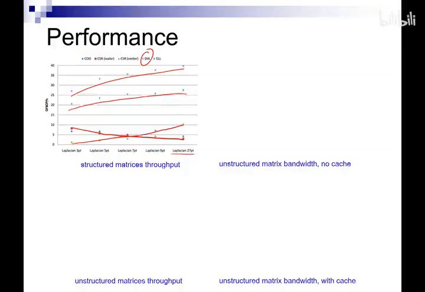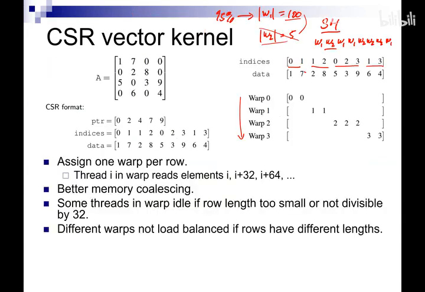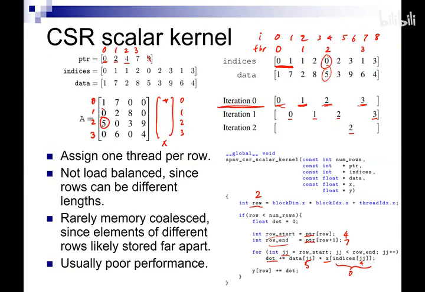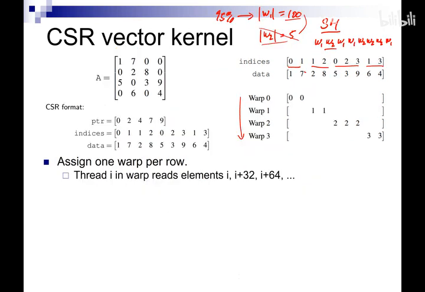Remember that one of the problems with the CSR scalar format was non-coalesced memory access, because you have to jump around to access different rows. As these Laplacian matrices get larger, the distance between the rows also increases, and the bigger the distance, the worse your memory coalescing. That's why as the matrices get bigger, you get less and less performance.